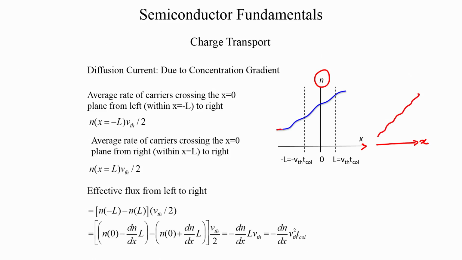We have drawn this little squiggly line to indicate the electron concentration, that is the number of electrons per unit volume, varying with x. So your dN/dx is greater than 0, which means as x increases, my electron concentration is increasing, because this is the direction of increasing x.